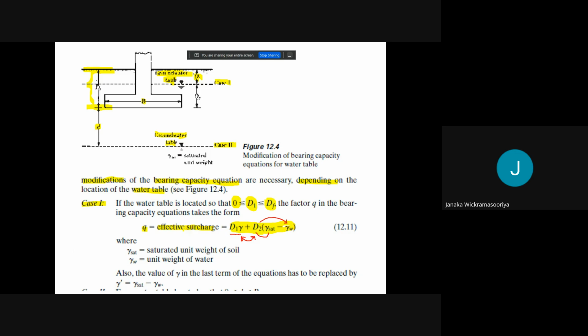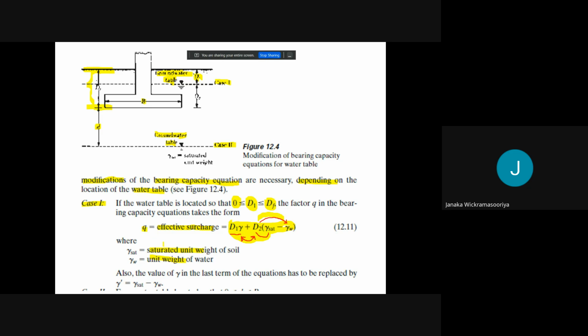Q will be the effective stress, and to find that, Q is total stress minus pore water pressure. The addition of these two parts will be the total stress, and this would be the pore water pressure. Gamma sat is the saturated unit weight.